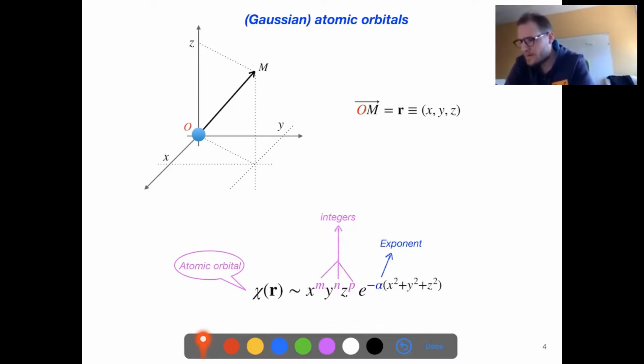So you have here the Gaussian part, okay, that you recognize with this exponent that you have tabulated usually in basis set files in quantum chemistry codes, but this is usually black box for the user. And then in front of it, you have some product of X, Y, and Z coordinates, the Cartesian coordinates, to the power of some integers, okay? And so these integers depend on the kind of atomic orbital you consider.